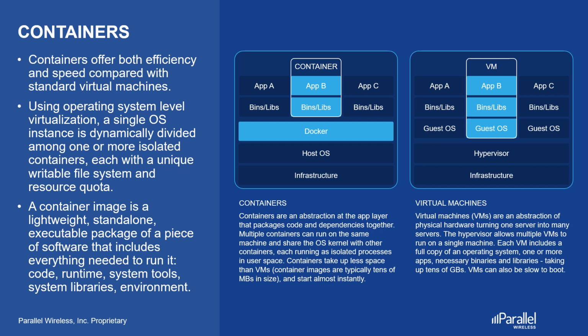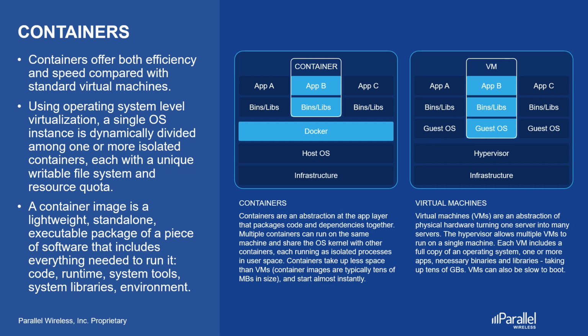Let's look at containers in brief. A container image is a lightweight standalone executable package of a piece of software that includes everything that is needed to run it. It includes code, runtime, system tools, system libraries, and its environment. Containers offer both efficiency and speed compared with standard VMs.